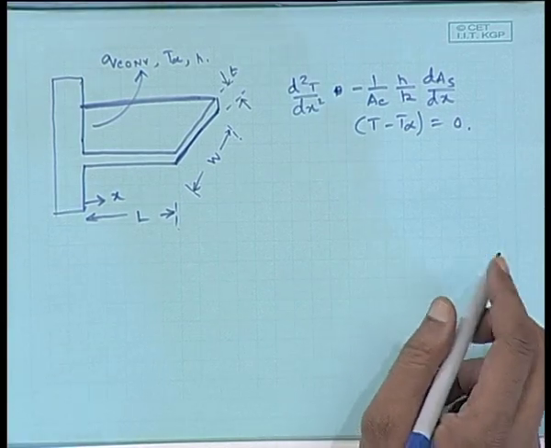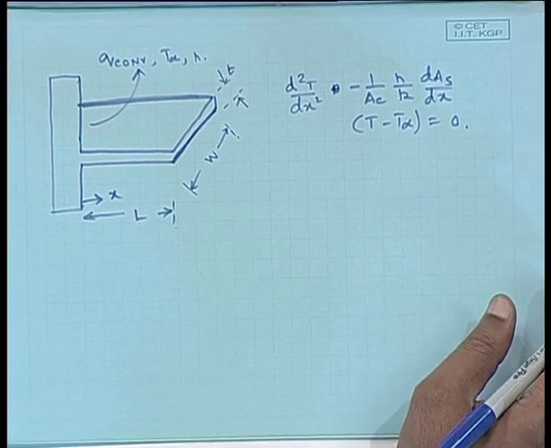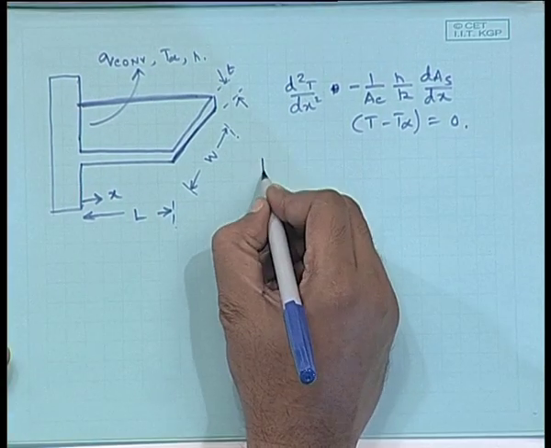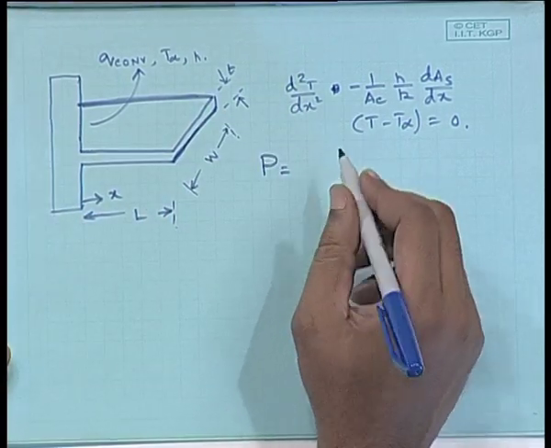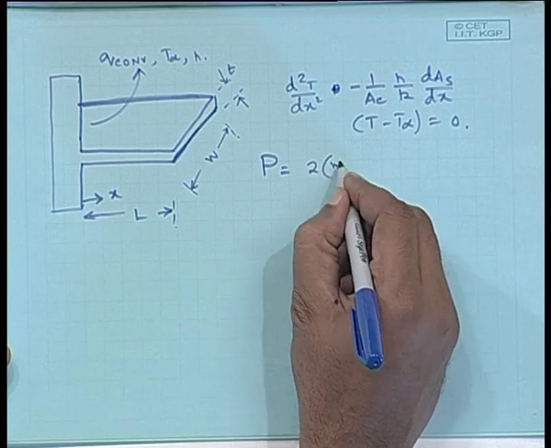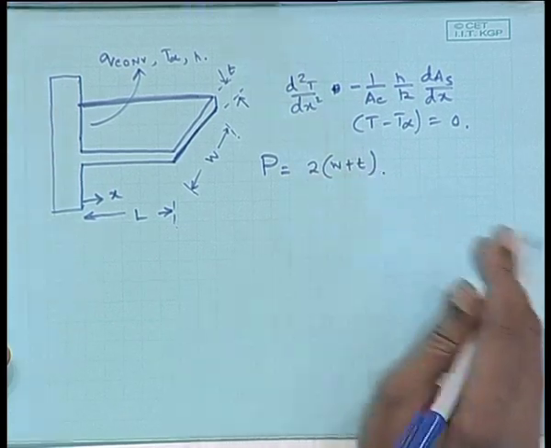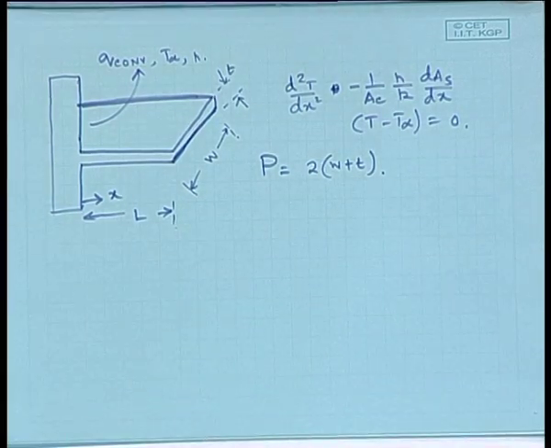Is dAs dx also 0, or what is the value of dAs dx? Let us say P is the parameter of this one. So, if P is the parameter, it would simply be equal to 2 of w plus t. All right. Parameter would be 2 of w plus t.